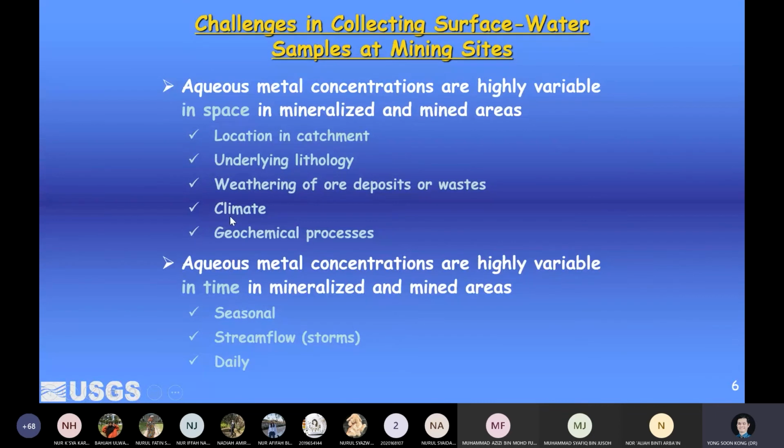And also they look at climate, temperature, and also how heavy is the rainfall, how heavy is the precipitation. That also might going to see, because why? If you have a very high rainfall, dilution may comes in. So the metals that you analyze probably does not reflect the actual concentration due to the dilution due to high rainfall. Okay?